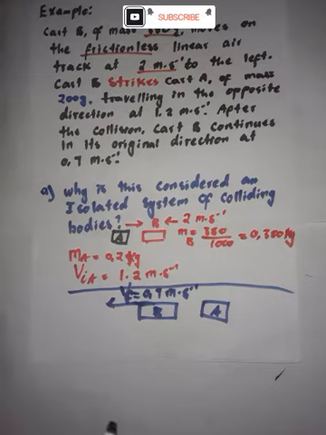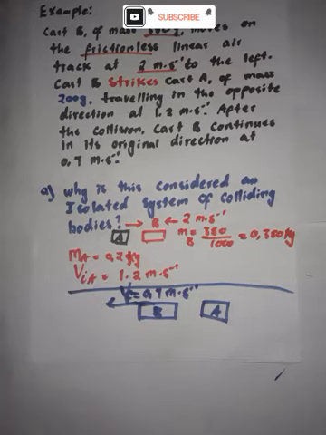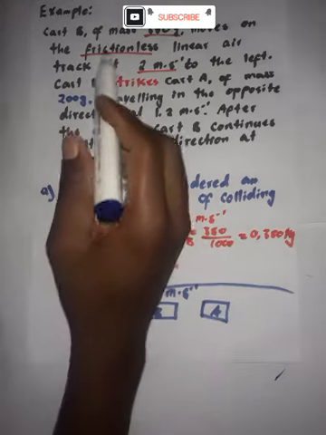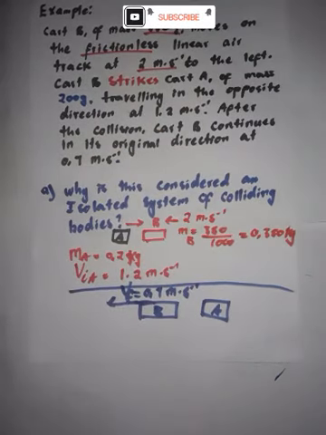So let's read the question. Why is this considered an isolated system of colliding bodies? Can you tell me, if you have been listening, why this system is isolated? Because we are told that this is a frictionless linear air track.